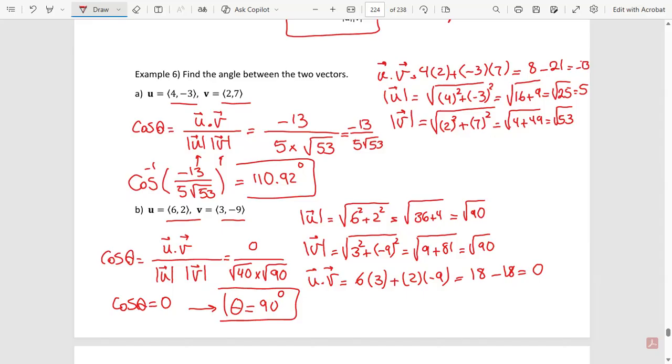Sometimes you may see that they are asking you, are these vectors perpendicular? That means find the angle between the two vectors and see if it's 90 degrees. To do that, you only need to find the dot product. If you find the dot product and you just get a 0 at the end, you say yes, the vectors are perpendicular.